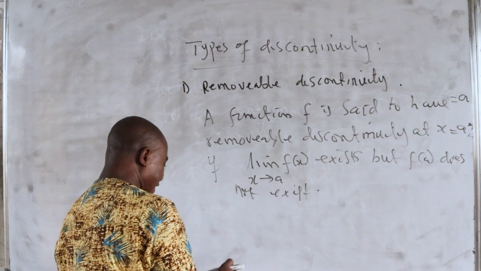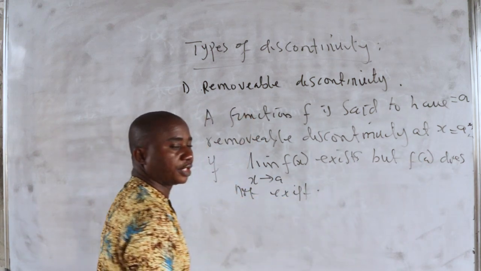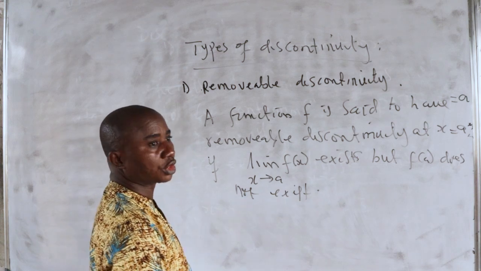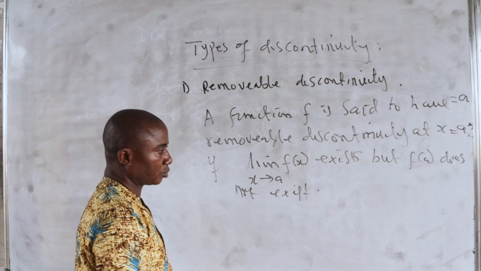So if the limit as x tends to a exists, but f at a does not exist, we say that such a function has removable discontinuity at the point x equals a.